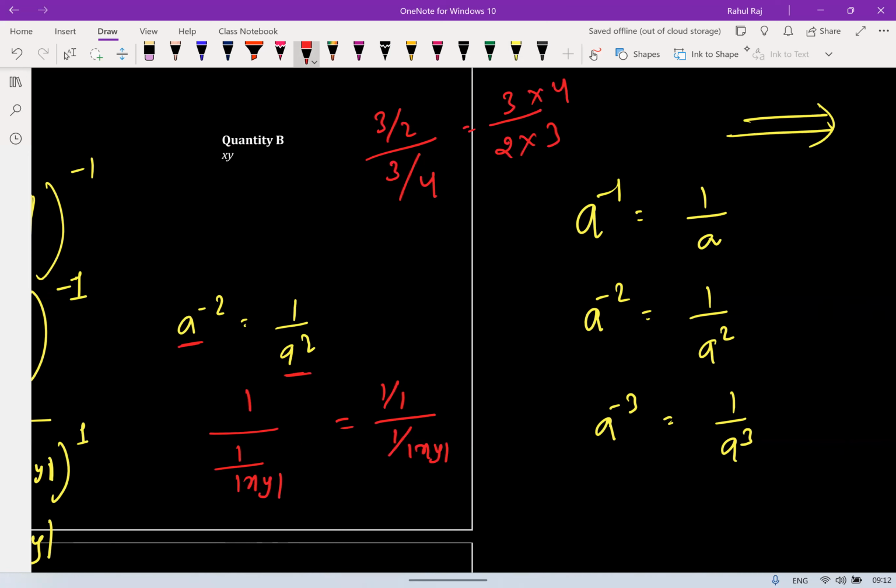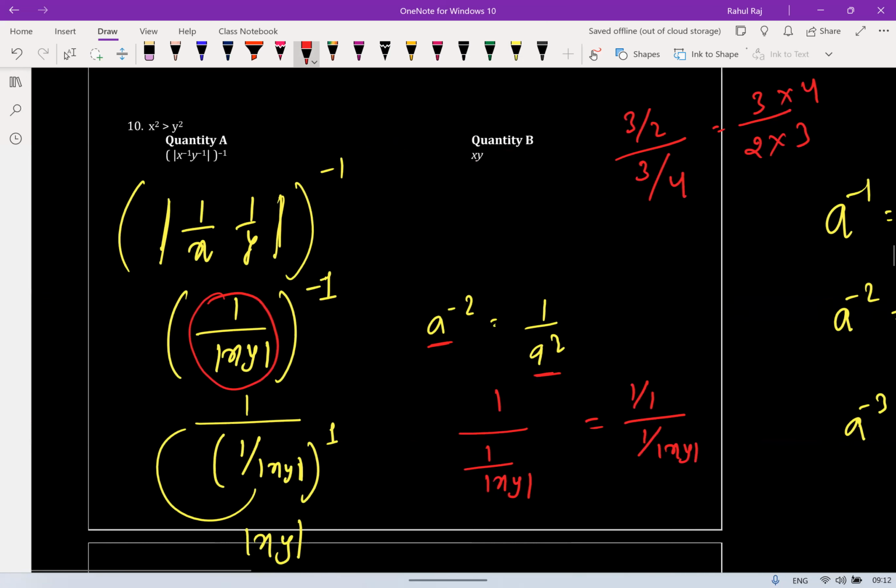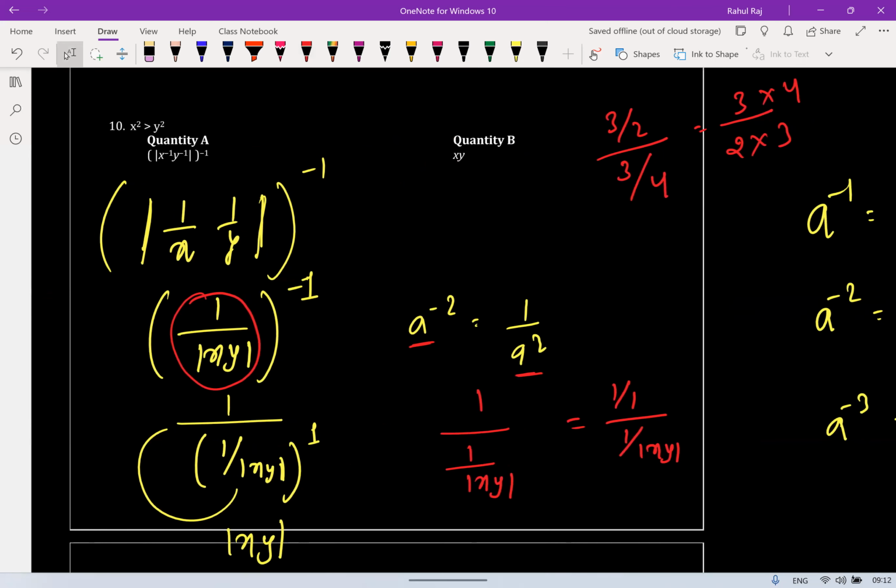Okay, I guess I'll have to solve another one to fully understand. Once you try by yourself again, it'll happen. Just try this expression: if A is mod XY and B is XY.